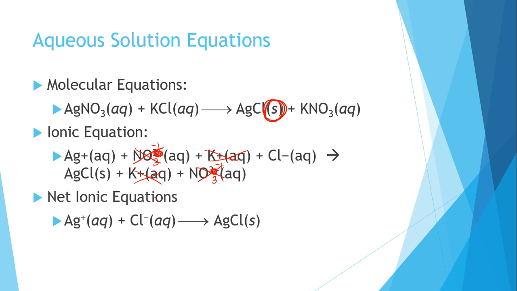So this is my net. Anything that you crossed out, those are called spectator ions. So that NO3 negative you crossed out and that K+ that you crossed out, these are spectator ions. That means they don't really participate in the reaction, they're just there.